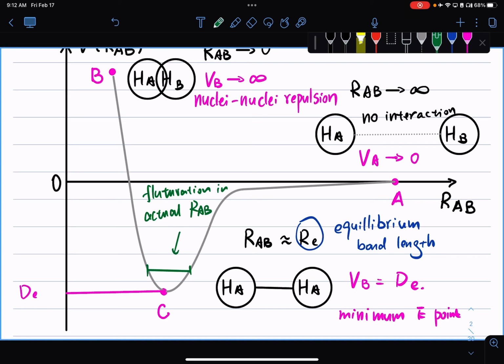And as a consequence, we have the zero-point energy measured in experimental work, which is called E0. Or D0, if we want to keep my notations correct.